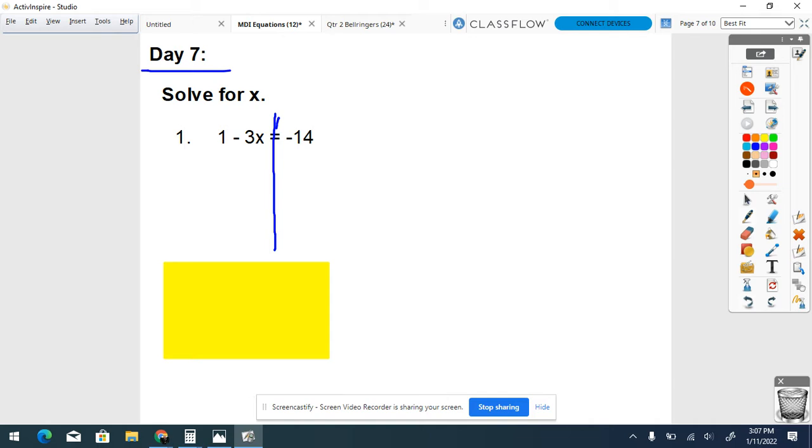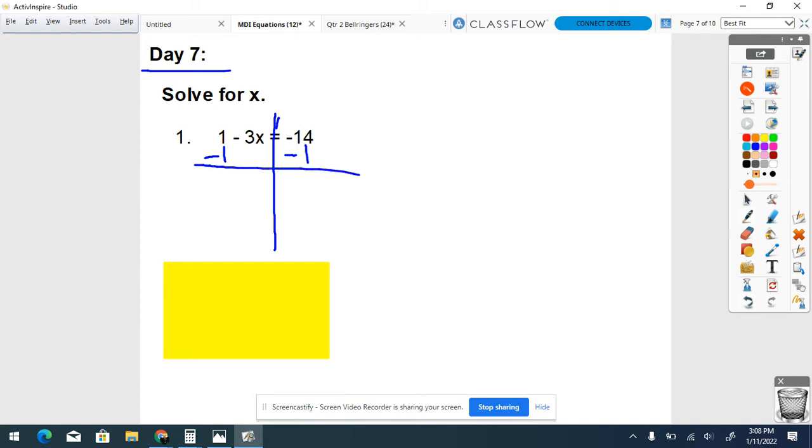Now right here, there's nothing in front of this 1. Remember, if there's nothing in front of it, we know the number's positive. And that might make it a little bit easier, because if this is positive 1, we would need to do the inverse, and the inverse of adding 1 is subtracting 1. So to get rid of this 1, I need to subtract it from this side. And if I subtract it from this side, I need to subtract it from the other side.